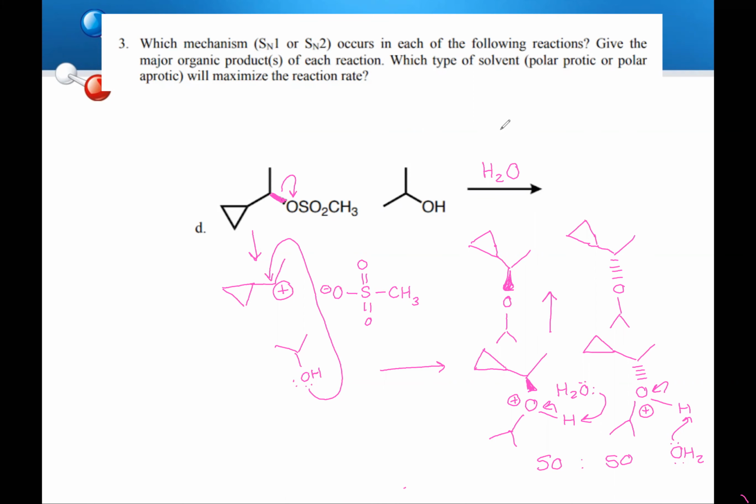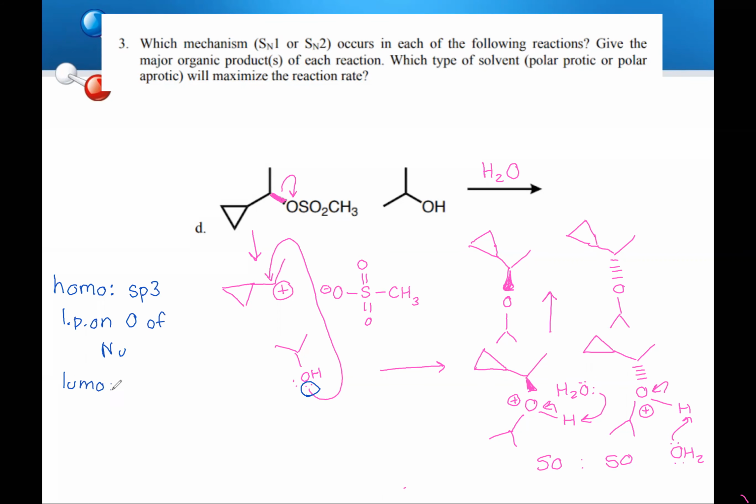So the HOMO always is going to be the electrons that do the attacking. So that's always true, the HOMO is always the electrons that attack. So in this case, it's going to be this lone pair right here, because that's where I drew the arrow from. So it's going to be the sp3 lone pair on the oxygen of the nucleophile.